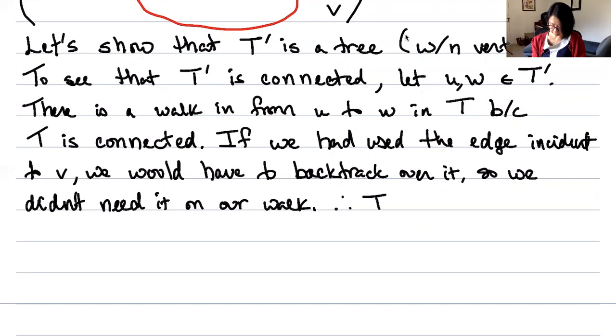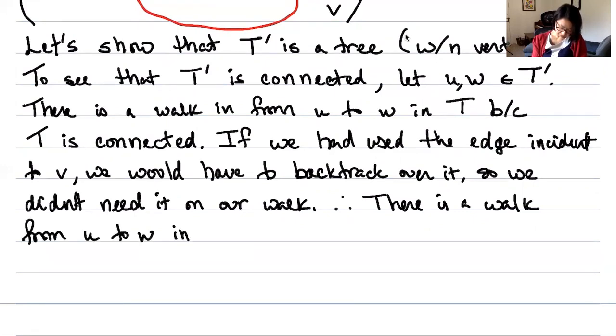Therefore, there is a walk from U to W in T prime.